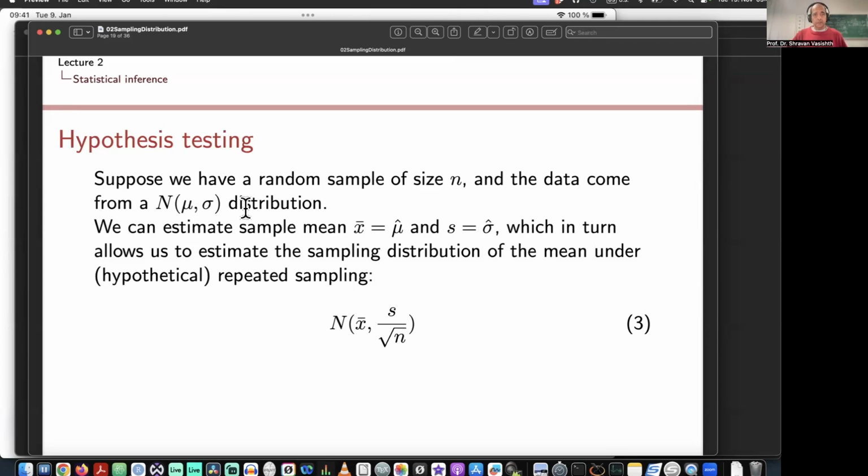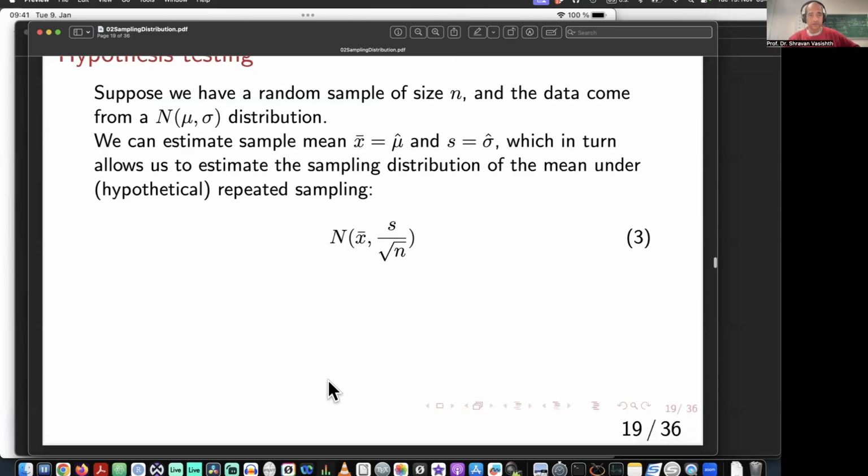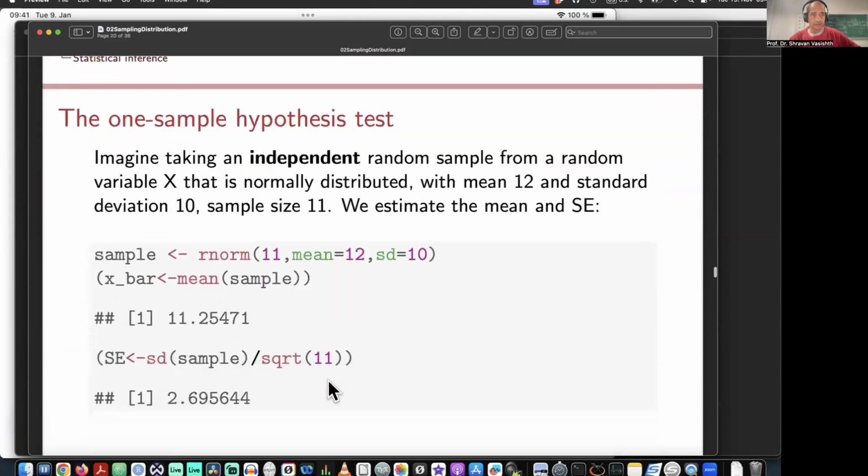As always, we'll start by computing the sample mean and the sample standard deviation. That will allow us to describe the sampling distribution of the means. That's what I've done here. I hope this part is very clear in your minds, that from a single sample we are going all the way to this hypothetical sampling distribution of the means. That is a very important idea.